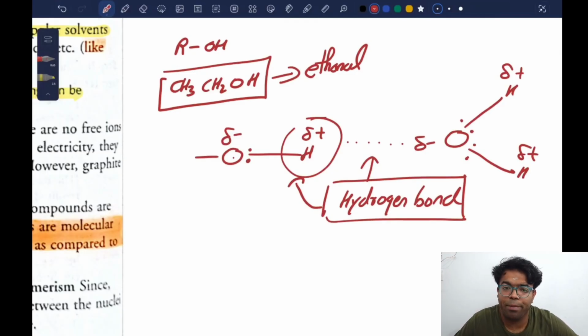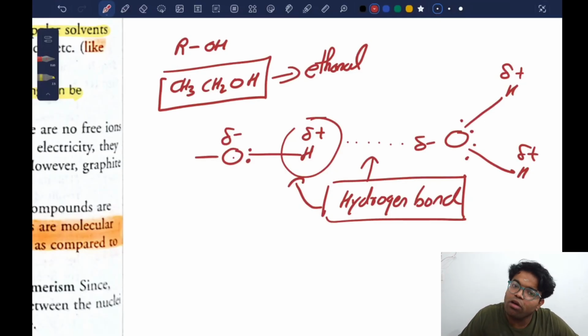Due to which, what happens? There are more electrons in the electron cloud of oxygen. Therefore, oxygen now attains a partial negative charge. Not a completely negative charge, -1, but a partial negative charge, delta minus. This partial negative charge is because of the attraction of a fraction of an electron towards itself.